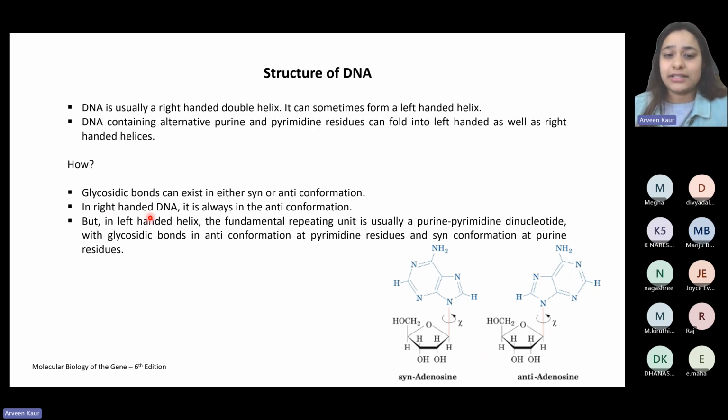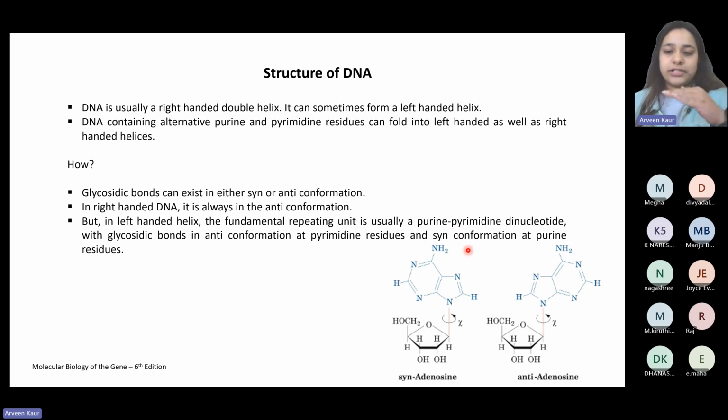In right-handed DNA, it is always in the anti-conformation. Once we are talking about the most common form of DNA, the right-handed DNA, it will always be in an anti-conformation, and that anti-conformation, we now know, favors a right-handed helix. But in a left-handed helix, the fundamental repeating unit is usually a purine-pyrimidine dinucleotide.